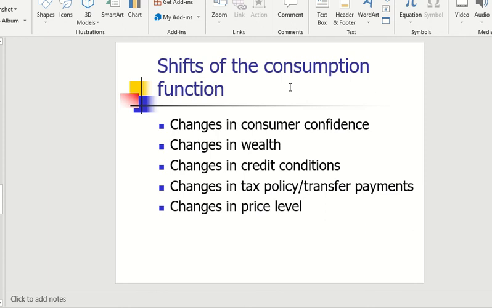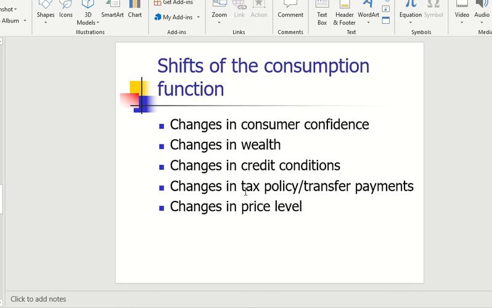As consumer confidence increases, very intuitively, consumption should increase. We also talked about wealth previously. Intuitively, as wealth increases, consumption increases. How easy it is to get financing, how easy it is to get credit, is also a very important determinant of consumption. If people find it easy to get loans, they're more likely to spend.